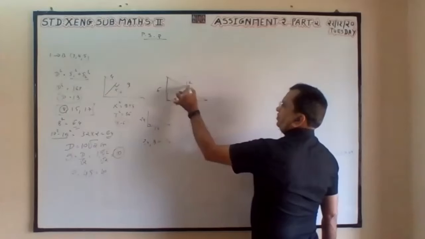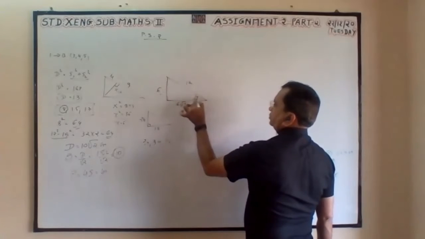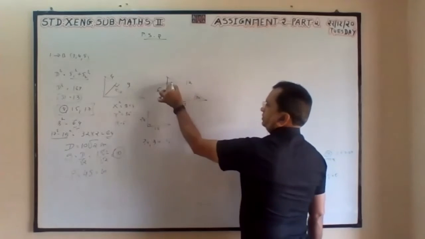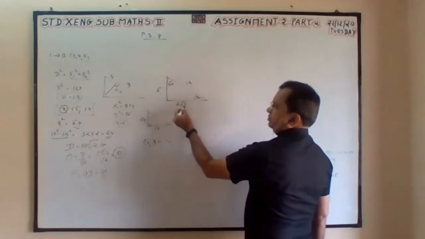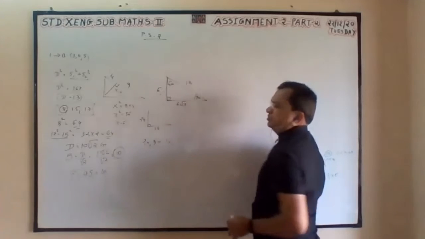So opposite to 30 it is half, opposite to 60 it is root 3 by 2, half and root 3.